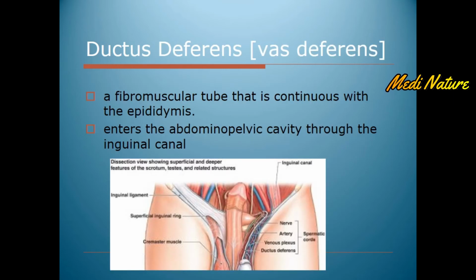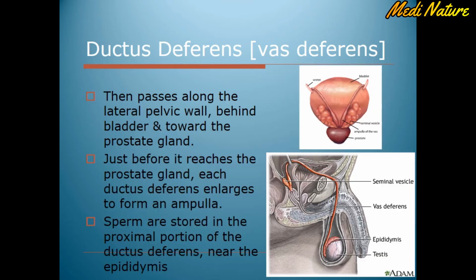Ductus deferens, or we also call it vas deferens, is a fibromuscular tube that is continuous with the epididymis. It enters abdominopelvic cavity through spermatic cord. The ductus deferens passes along the lateral pelvic wall, behind the bladder and towards the prostate gland.